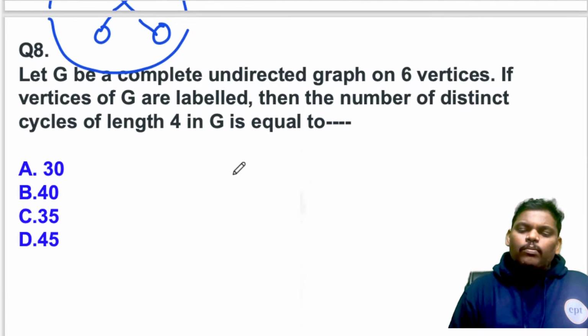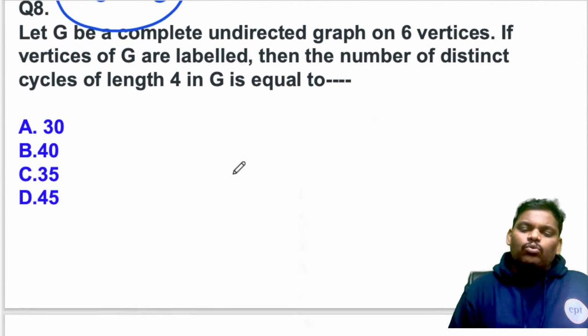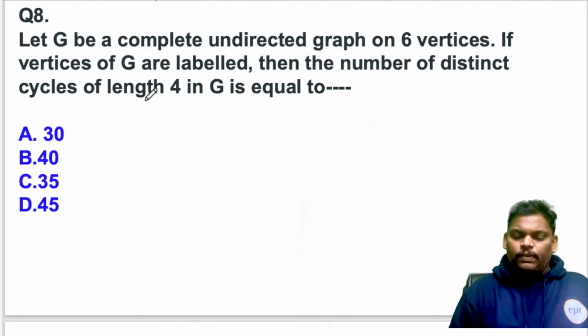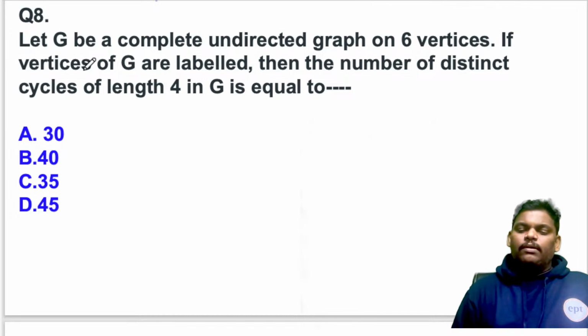Now come to problem number 8. Don't worry about the Aman doubt, you need not bother. Let G be a complete undirected graph with 6 vertices.